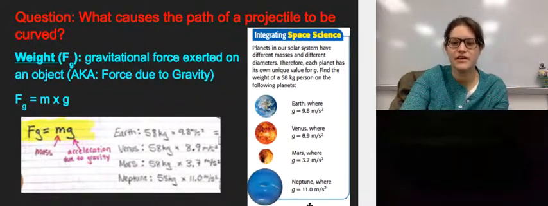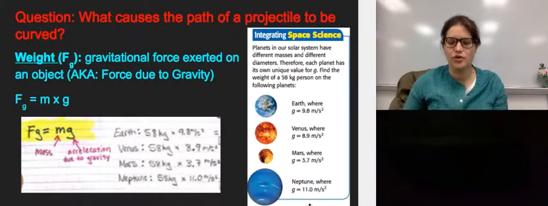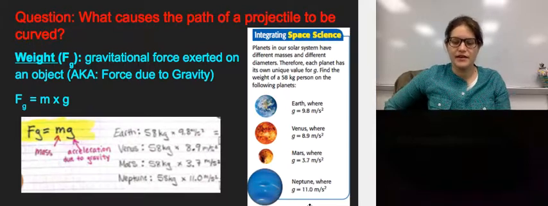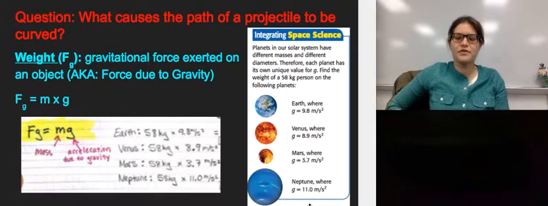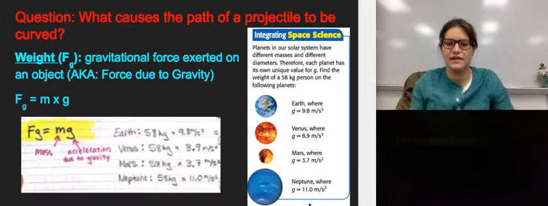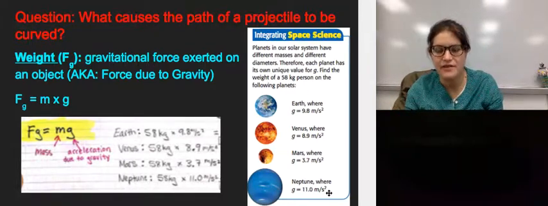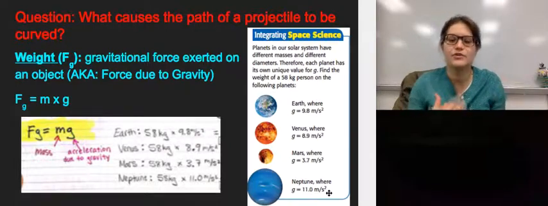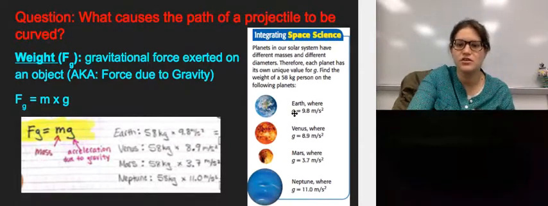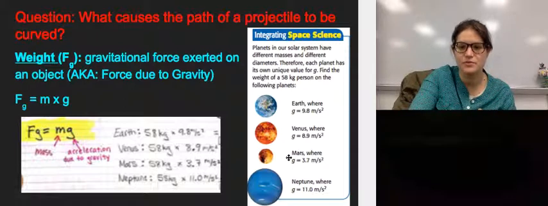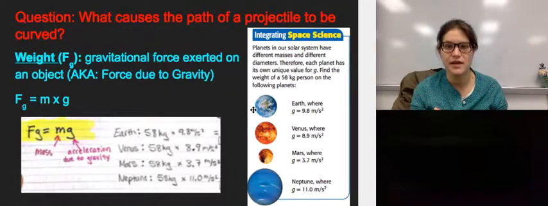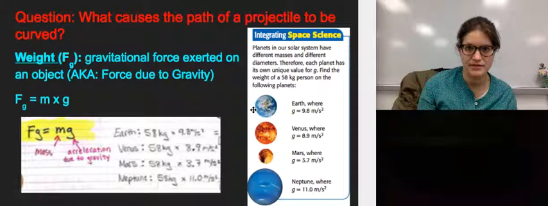So if you look at these, you could predict already what the different force sizes, the different weights, are going to be on these different planets. Where are you going to be the heaviest? And where would you be the lightest? Just looking at these numbers, you should be able to predict that.